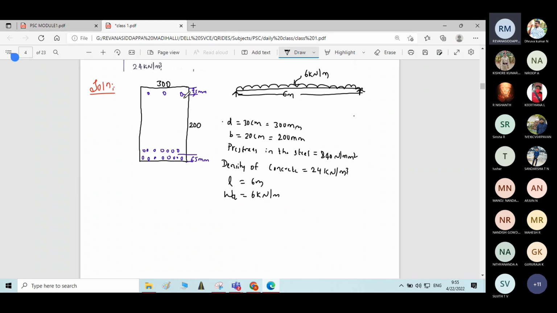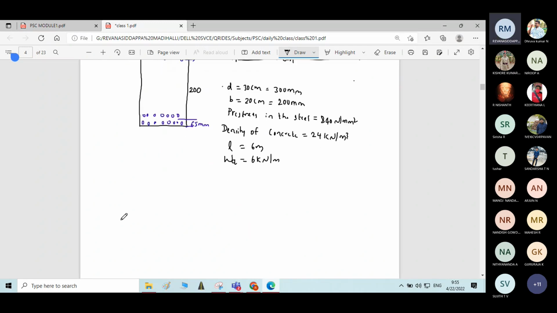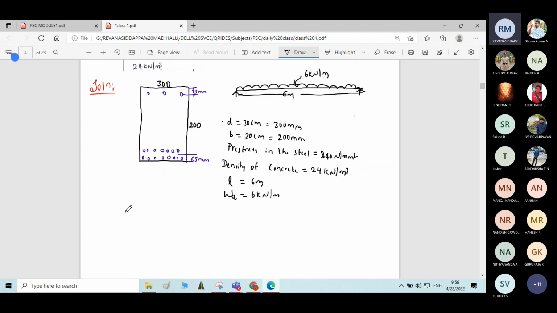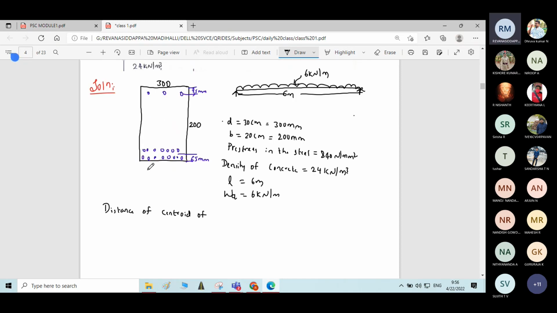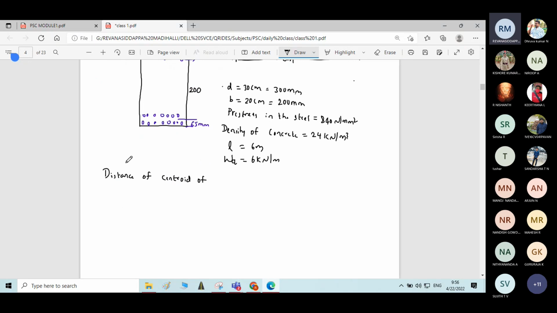Now, the first step is to find the centroid of the pre-stressing force. So we will find the centroid of the pre-stressing force. I'll tell you why this centroid of the pre-stressing force is required in the next coming calculation.